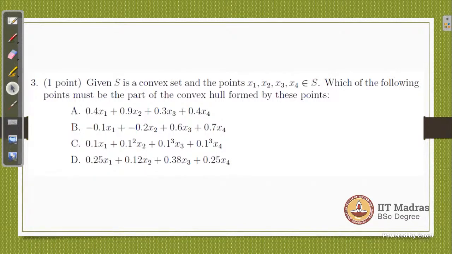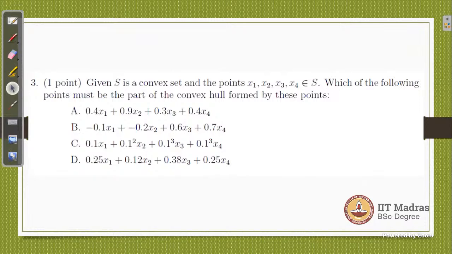So yeah, the first option is saying 0.4x1 plus 0.9x1 plus 0.3x3 plus 0.4x4. Yeah, so no one has said option A and option C, so we can directly ignore those.